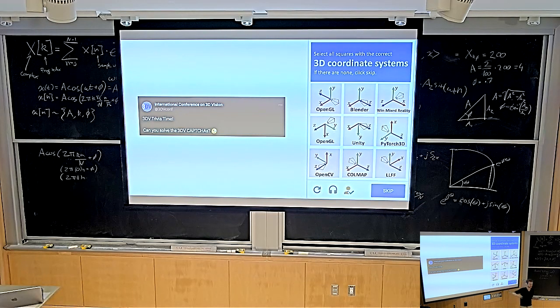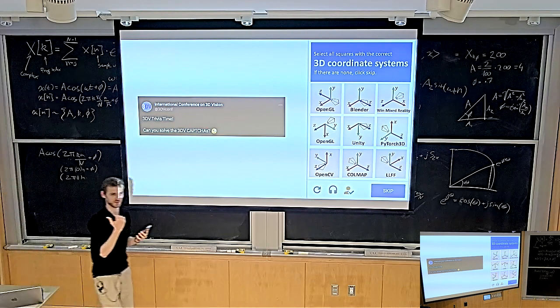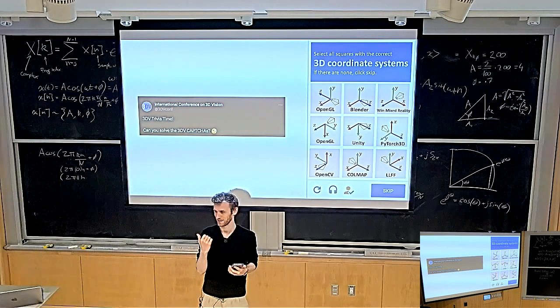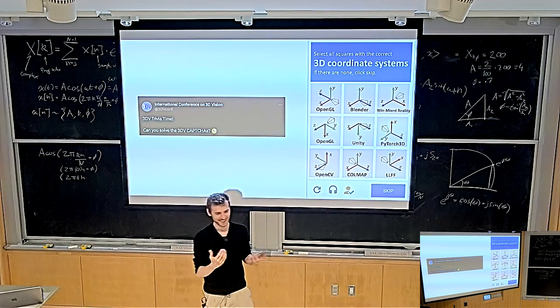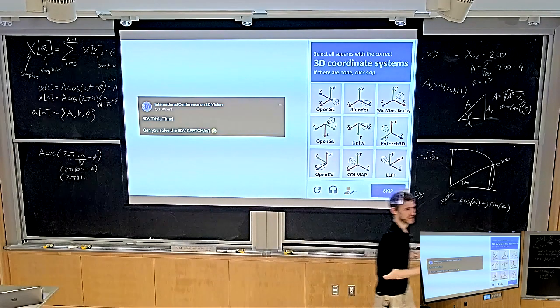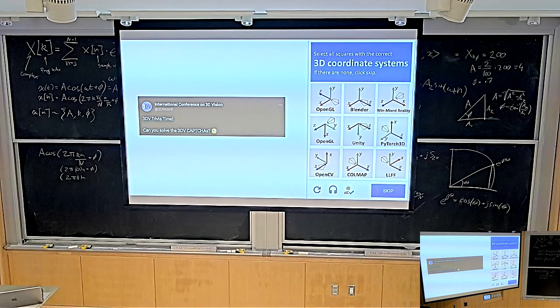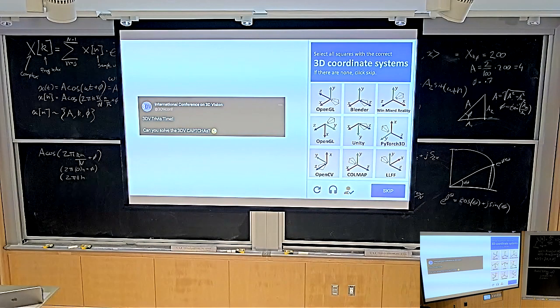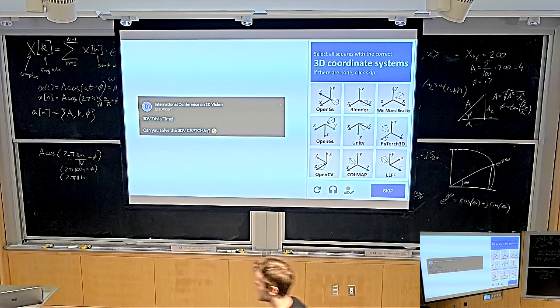So which direction does the x-axis point in the OpenCV coordinate system? Yeah, exactly. It's pointing right. And where is the y-axis pointing in the OpenCV coordinate system? Exactly. Okay, cool.